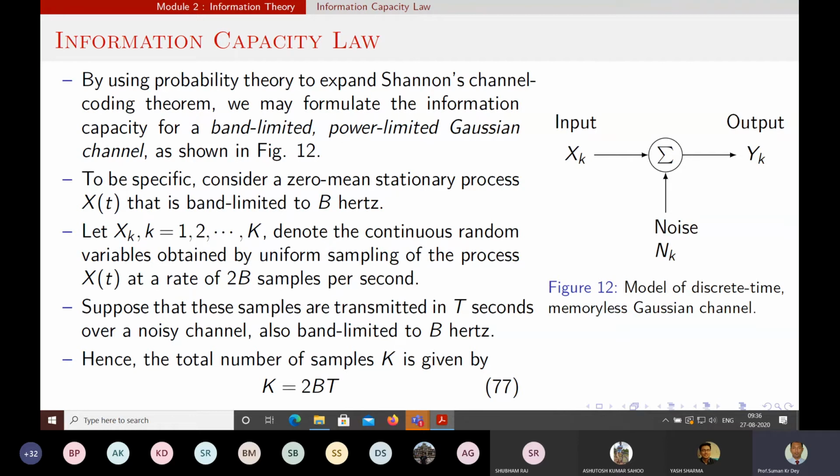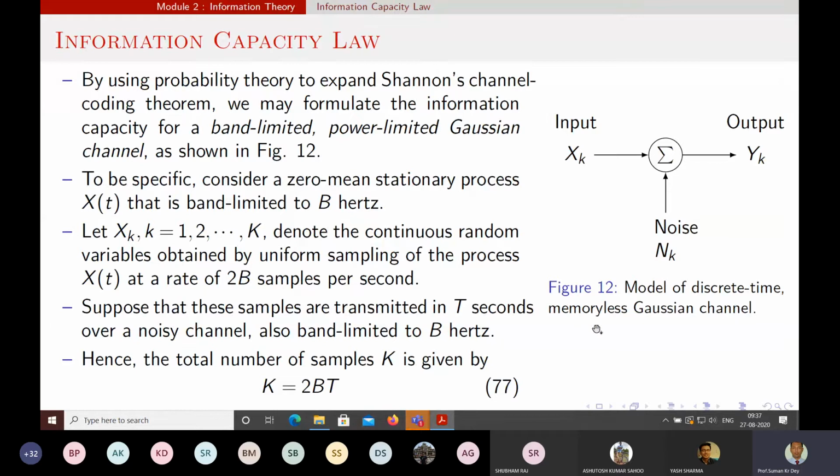Suppose we have a channel which is band limited as well as power limited. In that case, we can formulate what the information capacity for that channel should be by extending the Shannon channel coding theory.